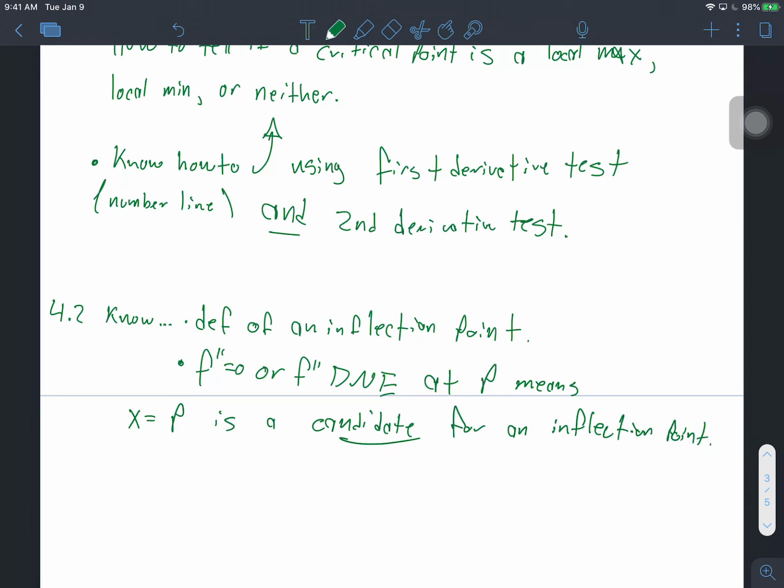In particular, f double prime equals 0 or does not exist is a necessary but not sufficient condition for us to have an inflection point at x equals P. Okay, what else should we know about that? That's pretty much it.